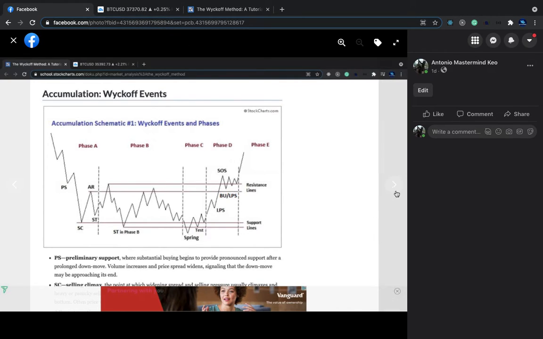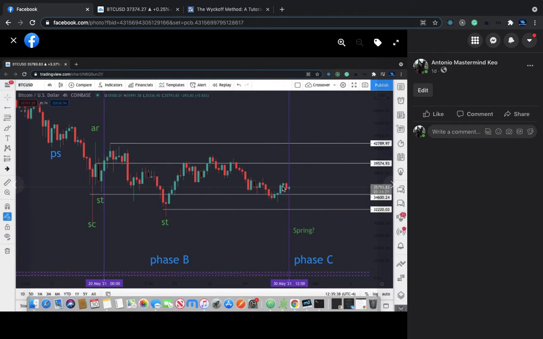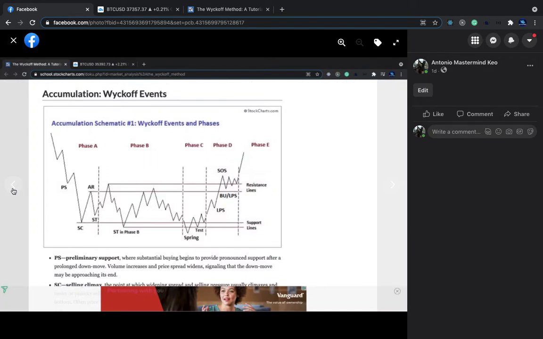If you look at the other picture, it was very similar. So I was like, okay, we're going to head into phase C, which I was expecting a big drop for, a spring, to test the spring so we can enter the next new bull trend, right?